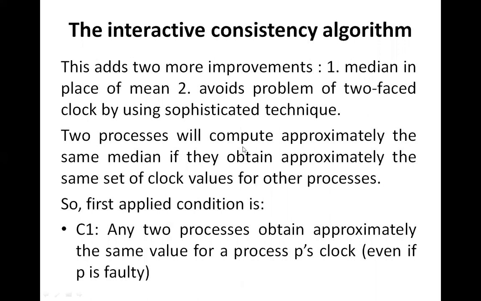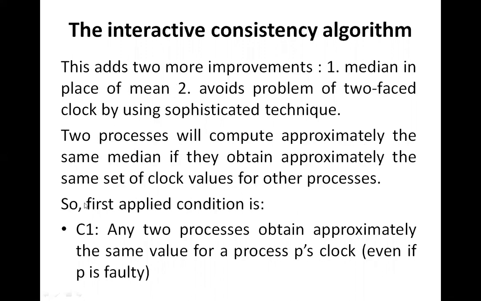Two processes will compute approximately the same median if they obtain approximately the same set of clock values for the other processes. So instead of the mean value or the average value, we are calculating the median. So the first assumption is that two processes will compute approximately the same median if they obtain approximately the same set of clock values from the other processes.